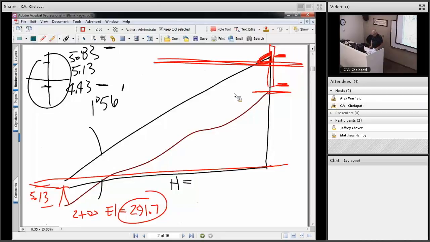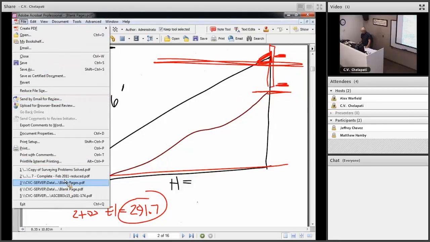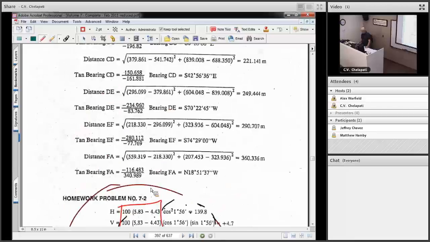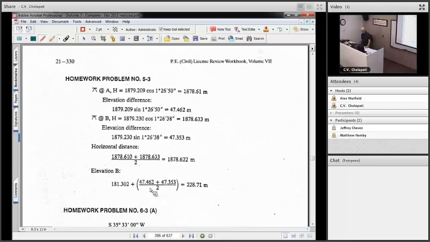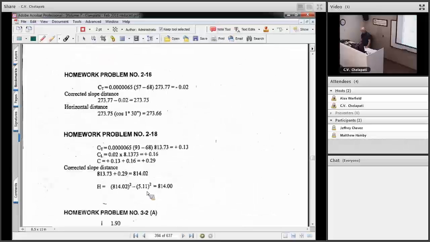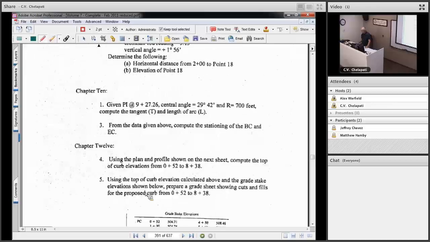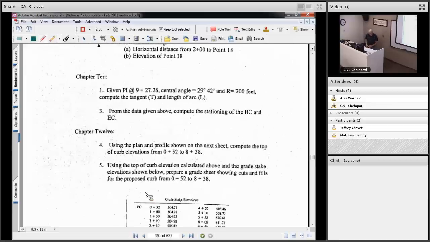The next one is a horizontal curve problem on page 325. Okay, right here.